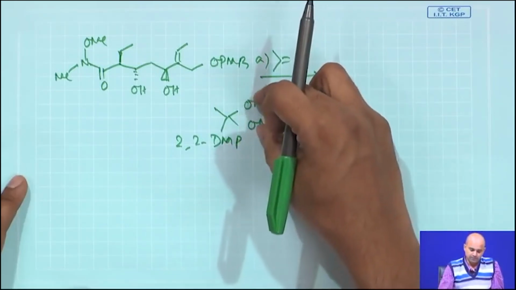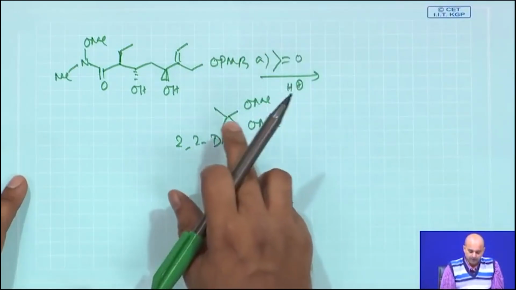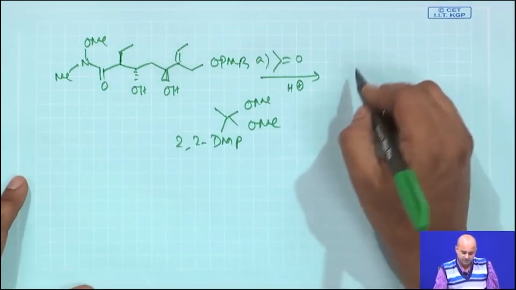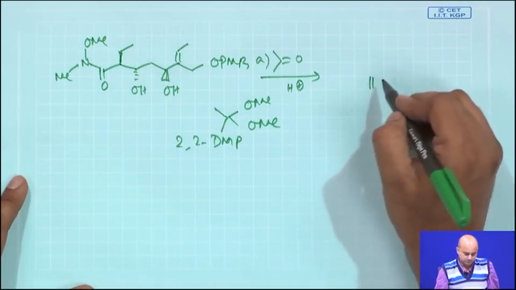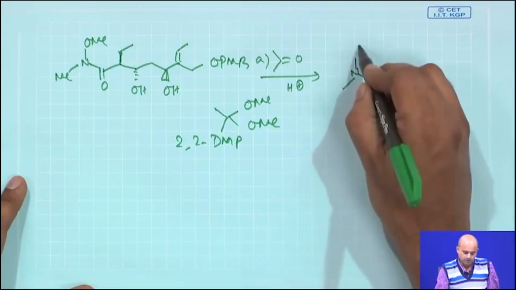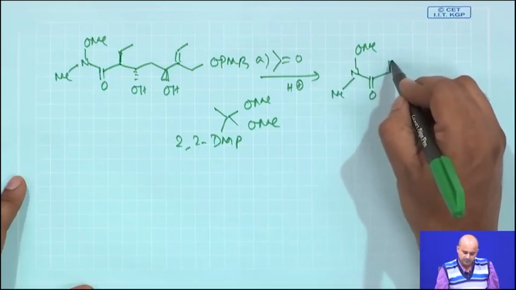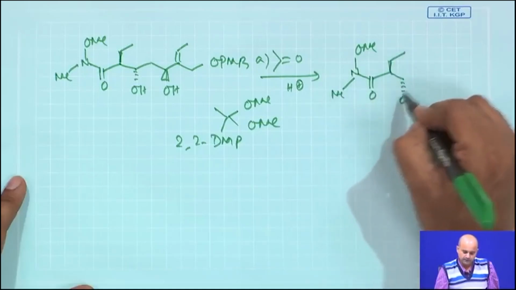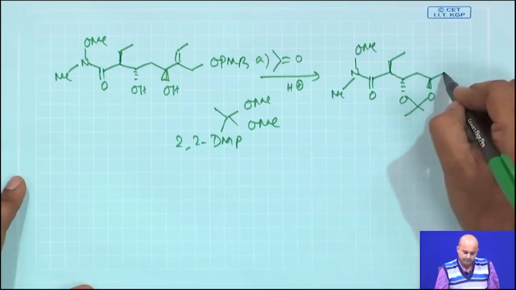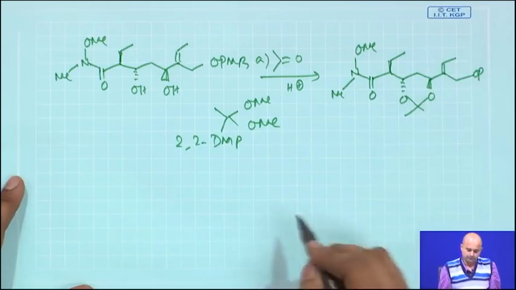So, the methanol goes off and gives you acetone. Now, this acetone reacts with this 1,3-diol, the remaining part of the molecule is all similar, and you will now get this 1,3-acetonide. This is OPMB, and you have these things.